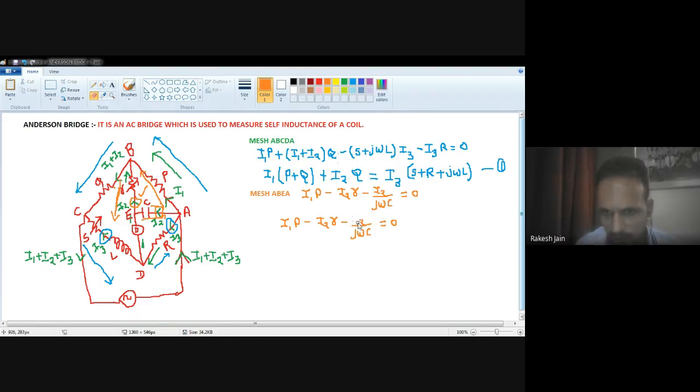So here I2 will be outside. Okay. I2 will be common from these two terms, and in bracket, r plus 1 upon j omega c will be remaining there. And this one will be my equation number second.